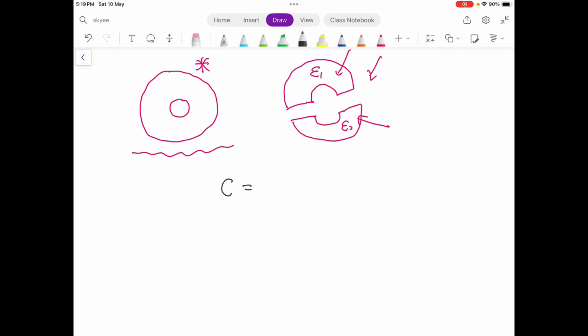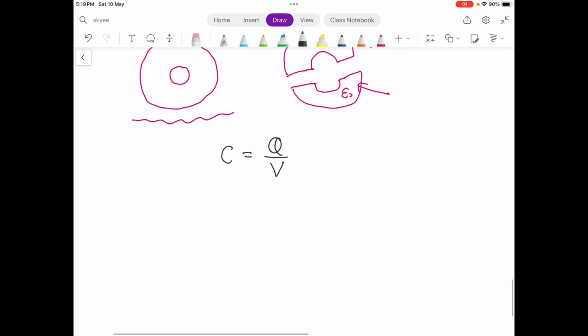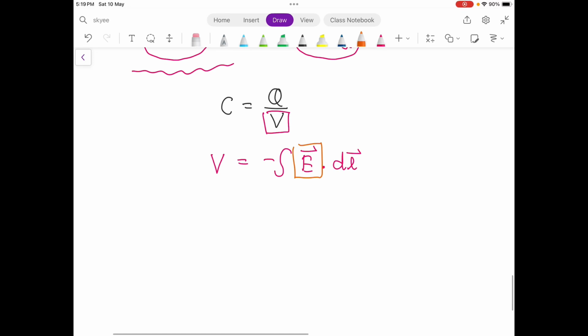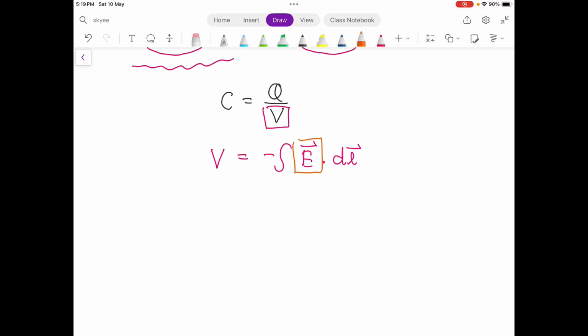We start from the general equation for capacitance, which you must remember. Now we are going to look at this V. The V will be equal to negative integral of E dot dl. This means that we have to find the E. So what is the E and how can we find it?